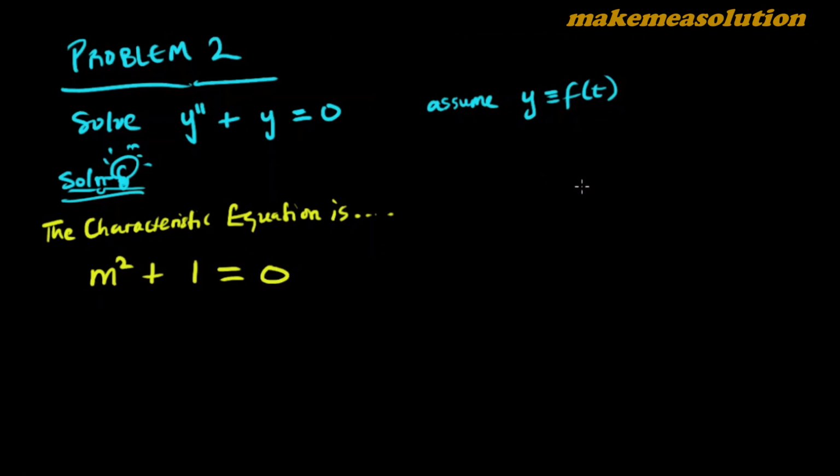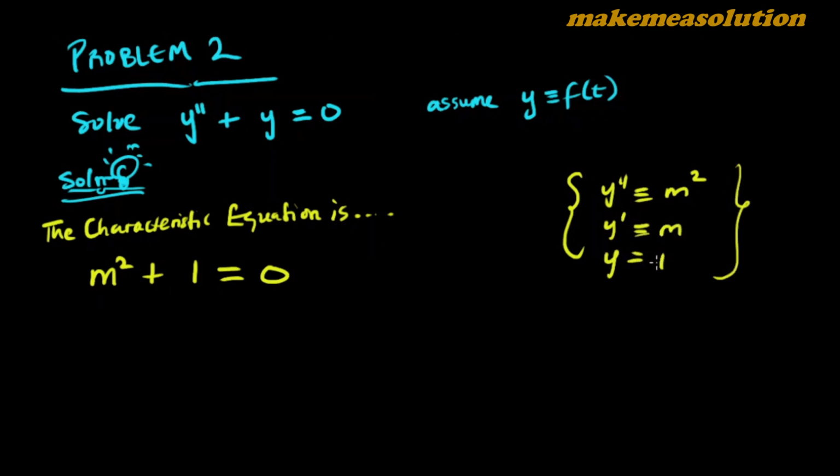Replacing y prime prime with m squared, replacing y prime with m, and replacing y itself with 1. So that is how we got the characteristic equation. This is the short way of getting it.